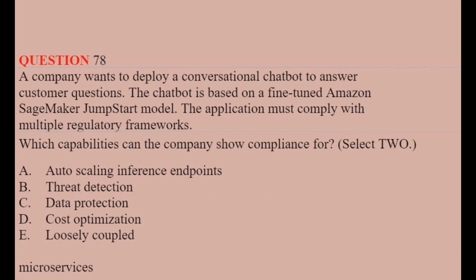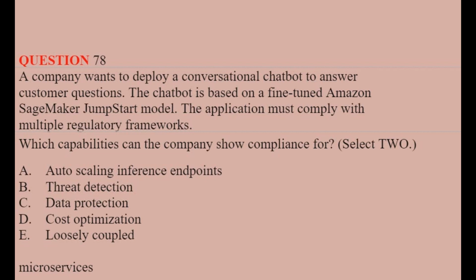Question is, a company wants to deploy a conversational chatbot to answer customer questions. The chatbot is based on a fine-tuned Amazon SageMaker JumpStart model. The application must comply with multiple regulatory frameworks. Which capabilities can the company show compliance for?